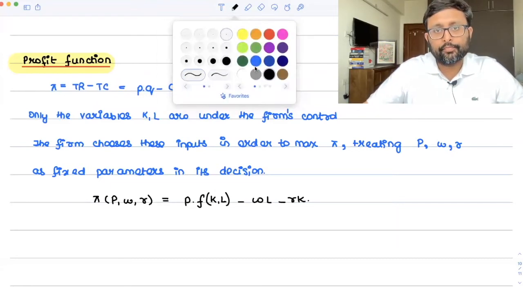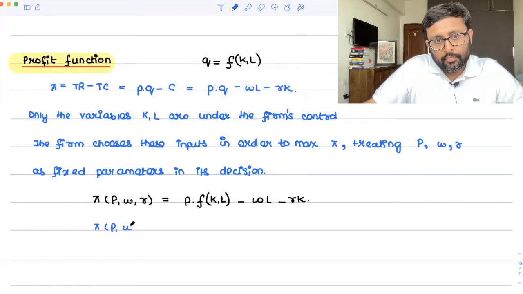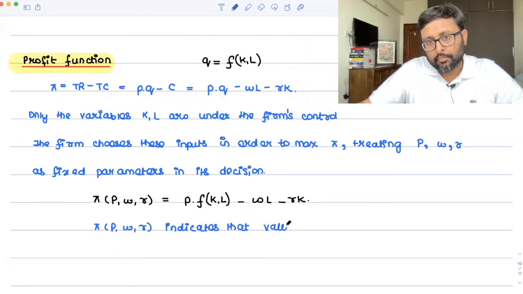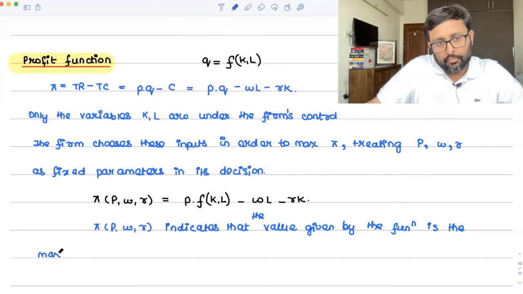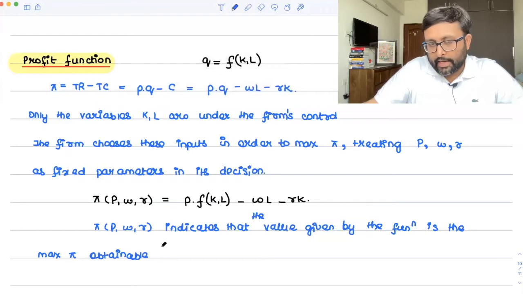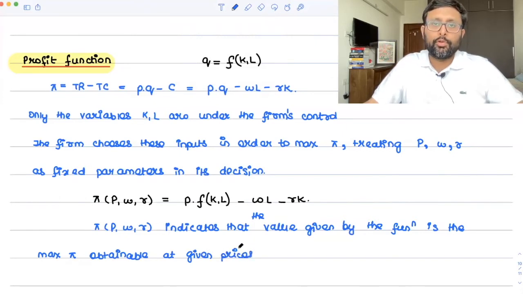So pi(P, W, R) indicates that the value given by the function is the maximum profits obtainable at given prices. Now, when I say prices, I mean both input prices and output prices.